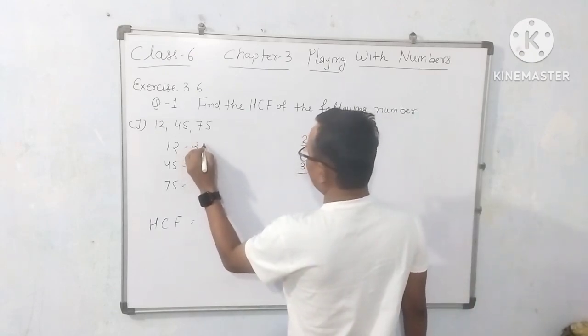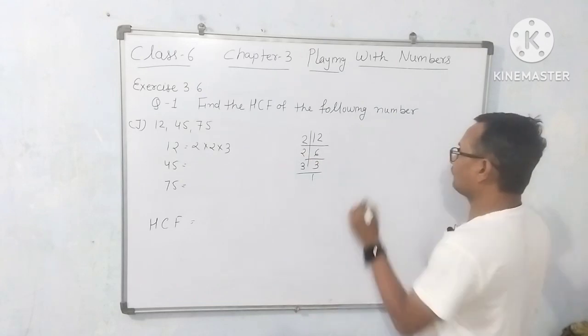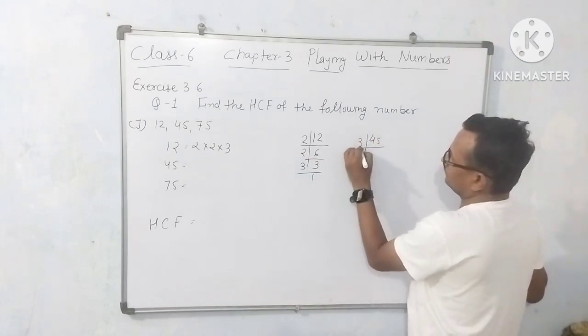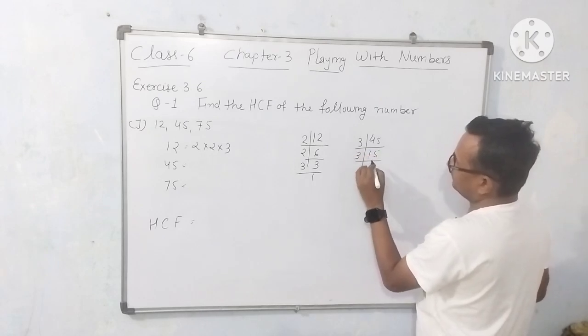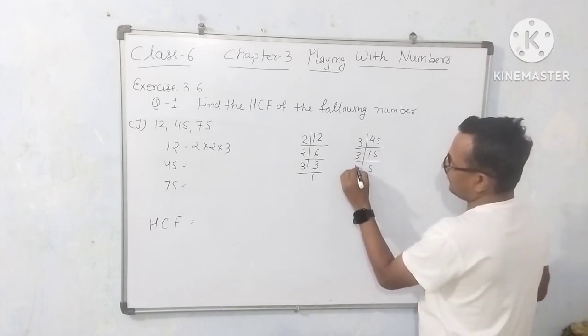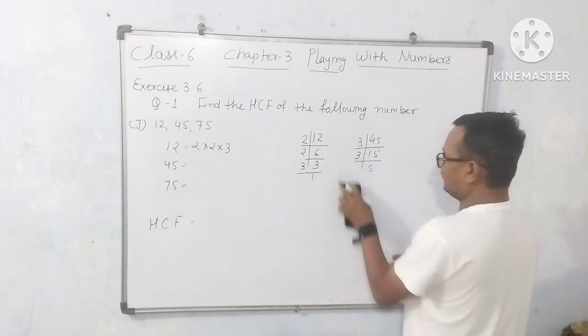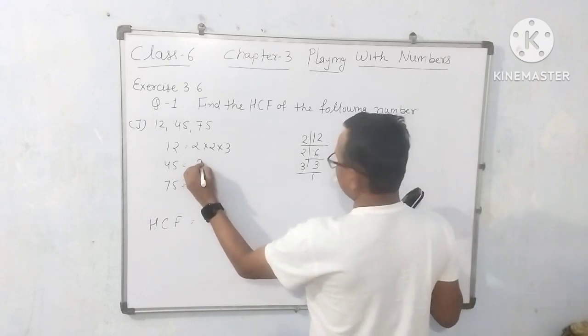So 2 into 2 into 3. Again we have to find out the prime factors of 45. So 3 1 are 3, 3 5 are 15, 5 1 are 5. So you can write 3 into 5.